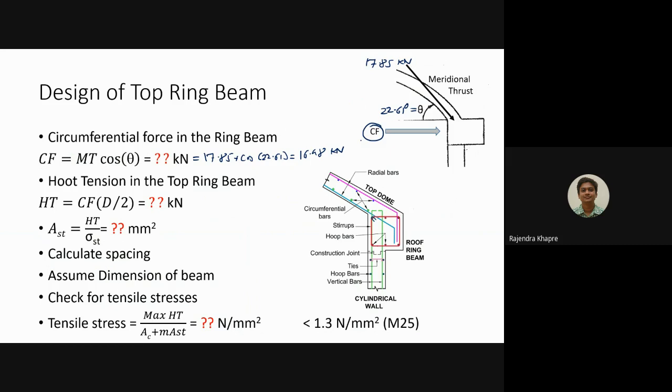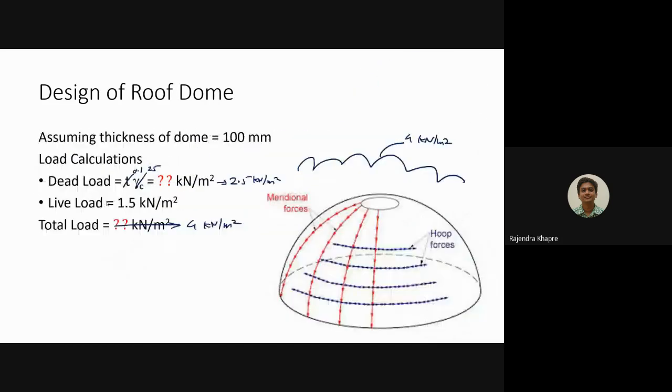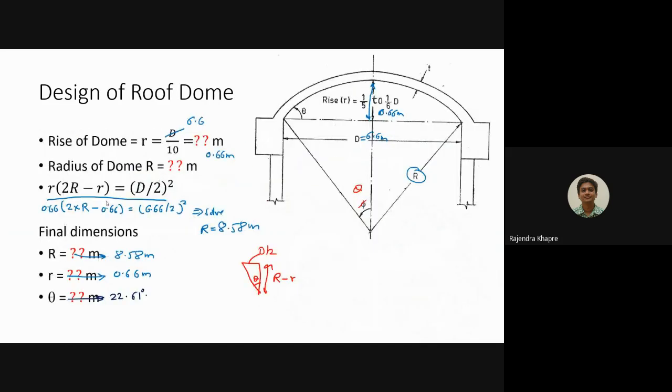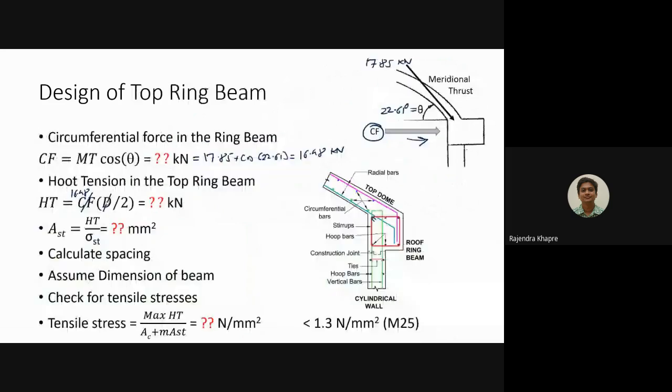Now this is the force which is coming like this, and since this is circular in nature, we have to calculate the corresponding hoop tension. We have a simple basic equation. The circumferential force is 16.48, and the diameter is 6.6, so this is 6.6 divided by 2.